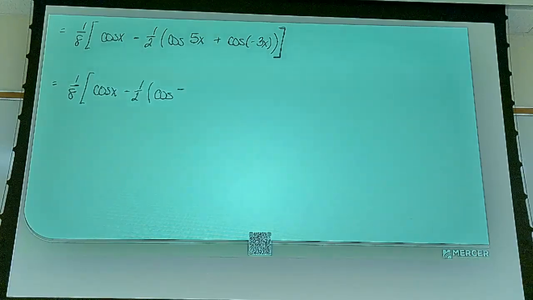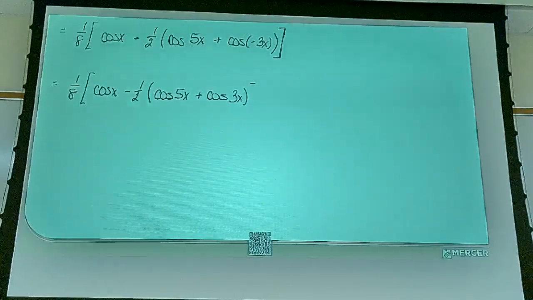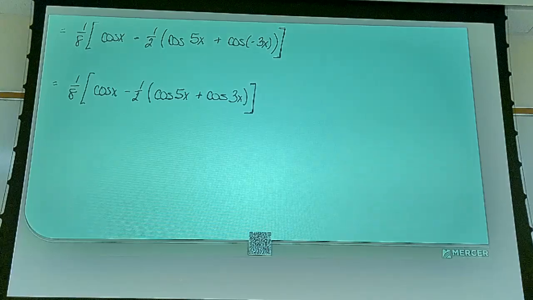But a useful property we know about cosine is that it's even. So that means cosine of negative 3x is equal to cosine of positive 3x.